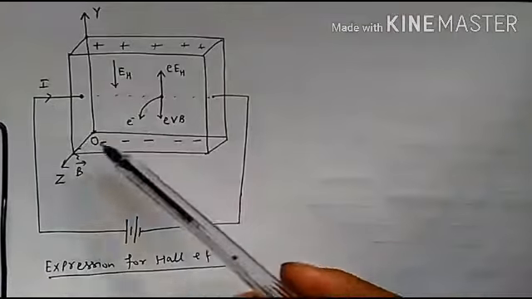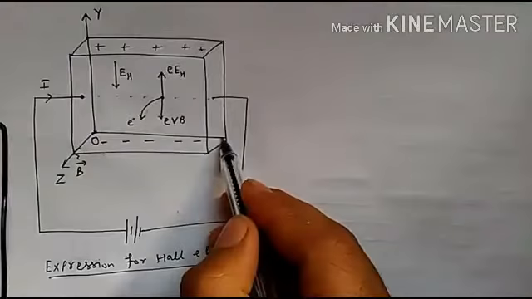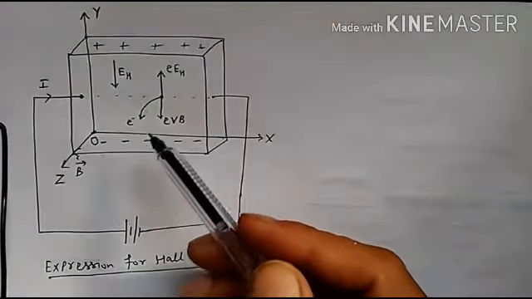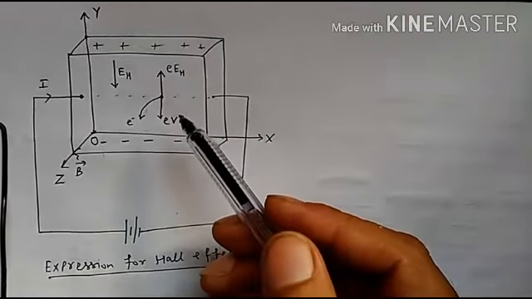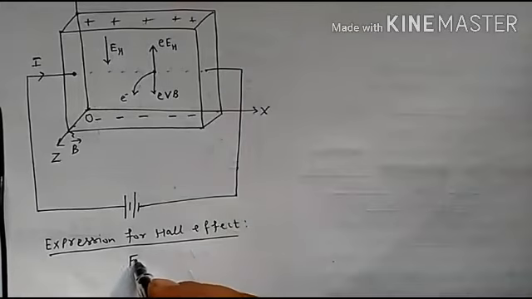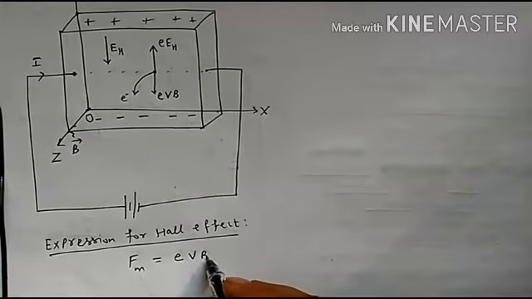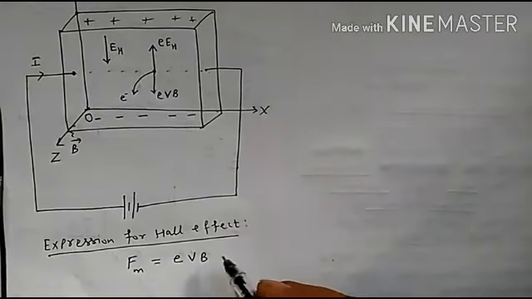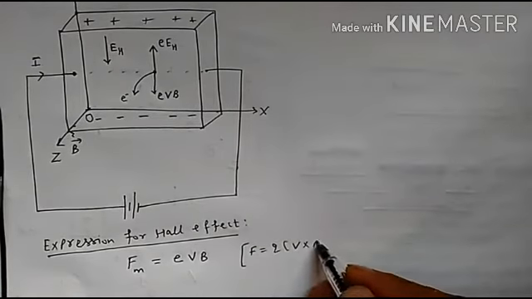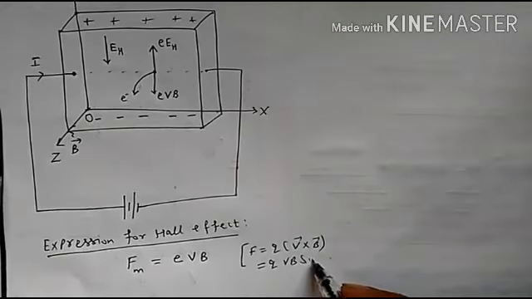If we consider n-type semiconductor in which electrons are moving from right to left, then due to magnetic field the electron will experience magnetic force, that is given by magnetic force equal to evB, because we know that magnetic force is equal to q v cross B, or this equal to q v B sin theta.